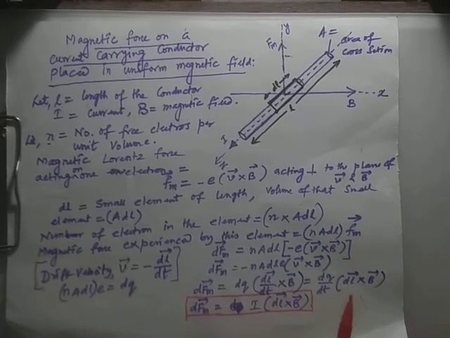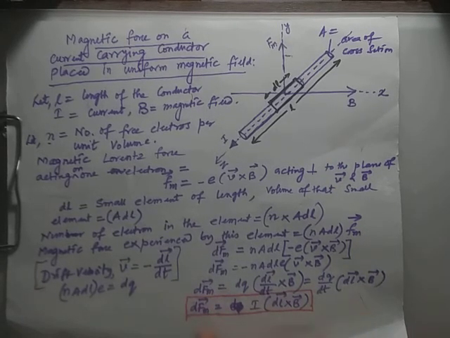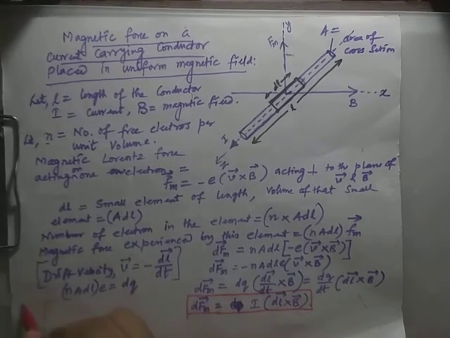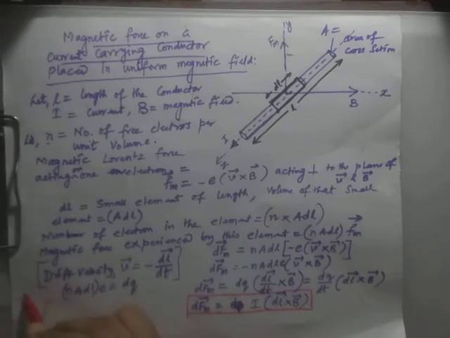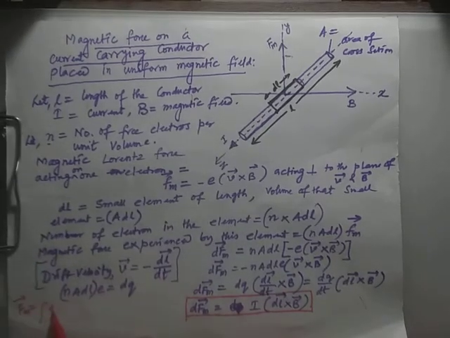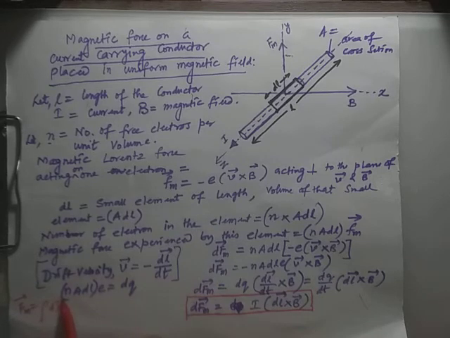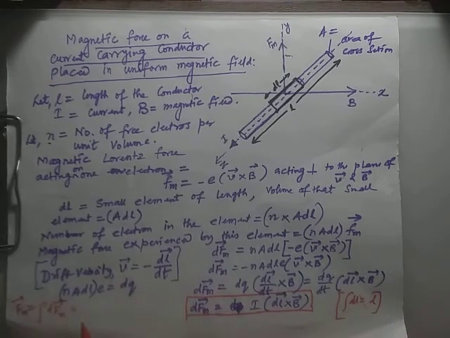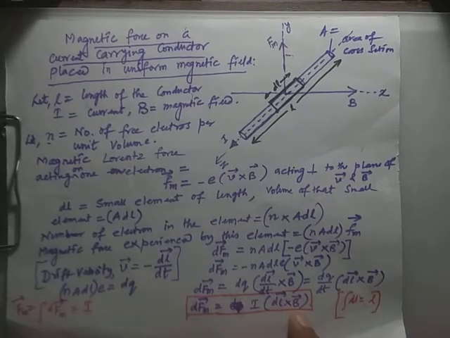Now, if you want to find out the total force, we have to do integration. So force Fm is equal to integration of dFm. Integration of dl will come to L. So you can write I, then this cross product, dl B sine theta.